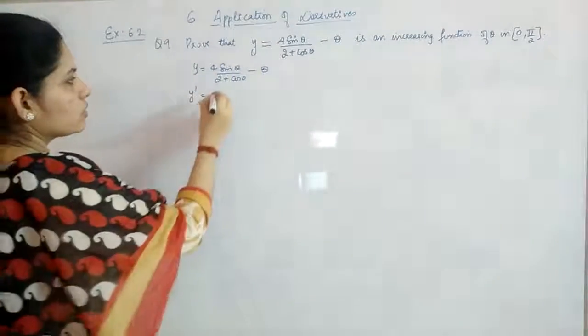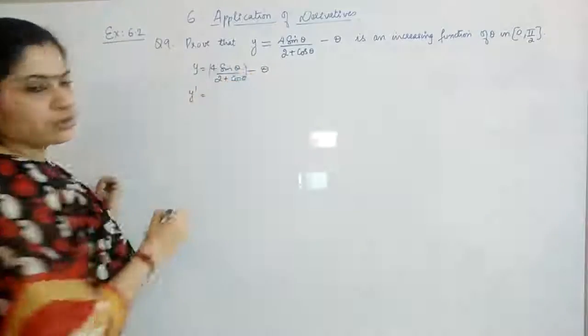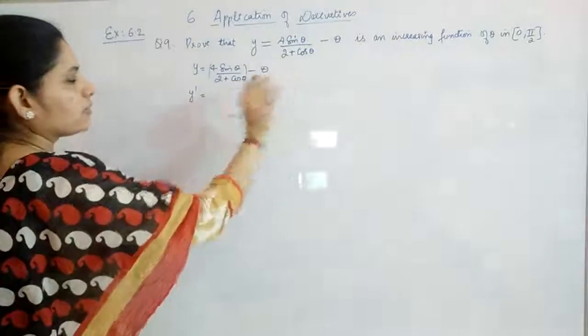y dash is equal to, here you will use the quotient rule, and that will be done separately.